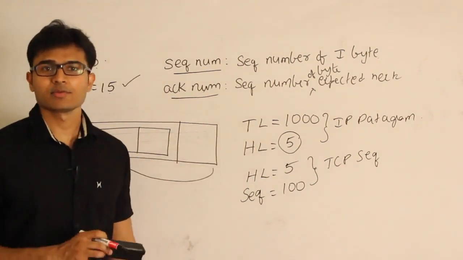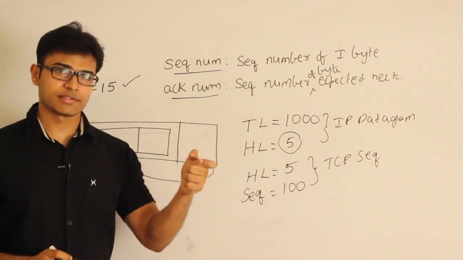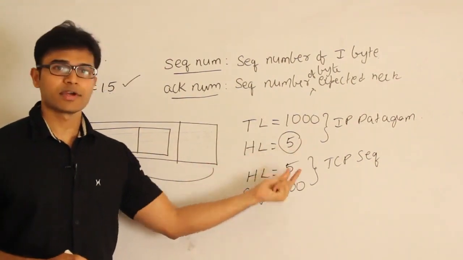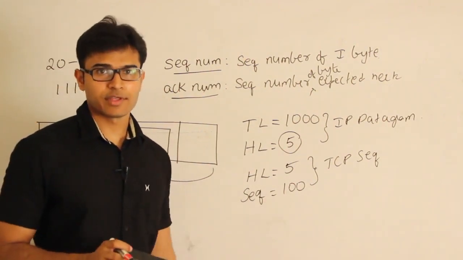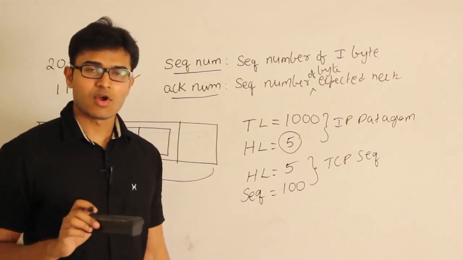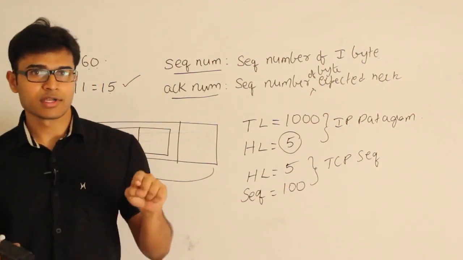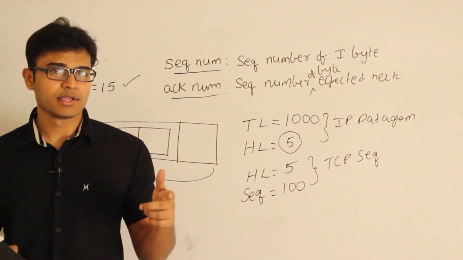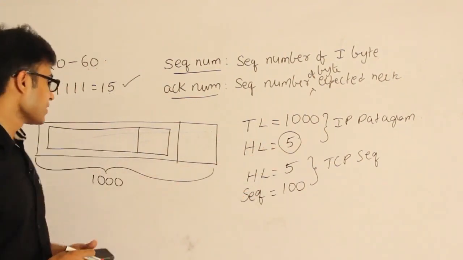Actually the minimum header size possible is 20, and the header length ranges from 20 to 60, but here they are saying it is 5. So what they really mean is the scaled down version. Whenever the number is less than 20, always multiply it by 4, because the minimum header size should be 20. So it is 20 bytes.